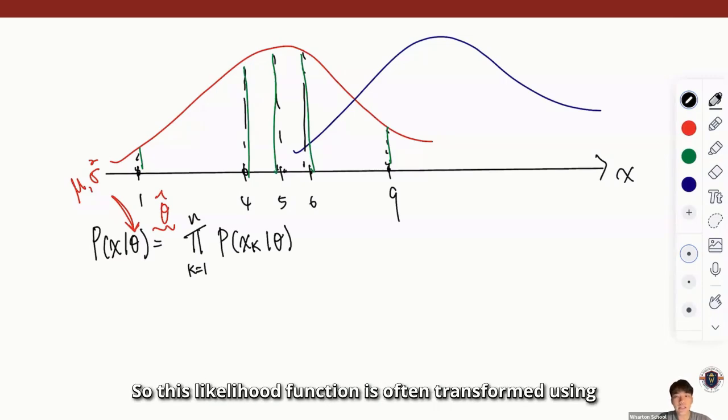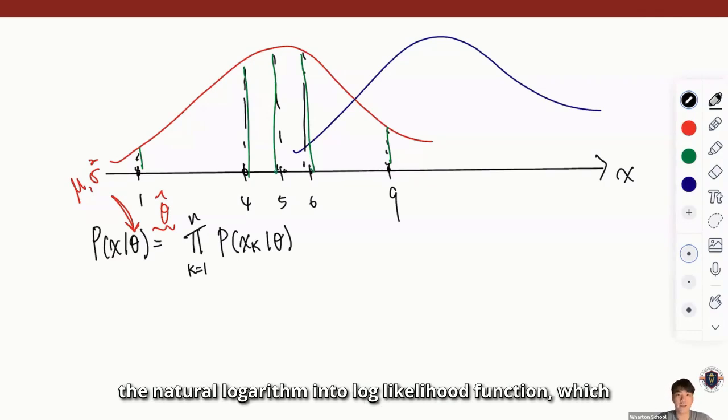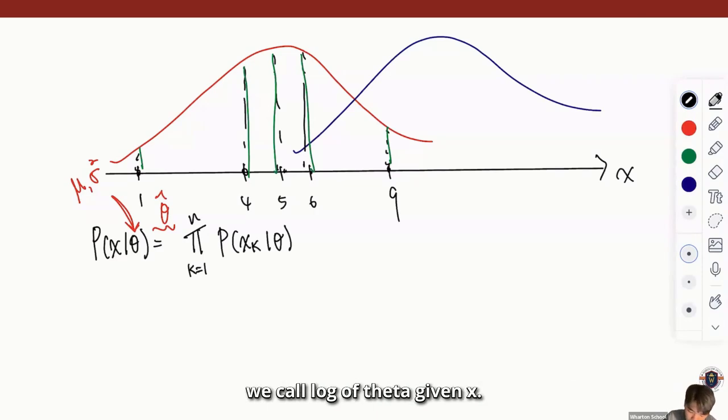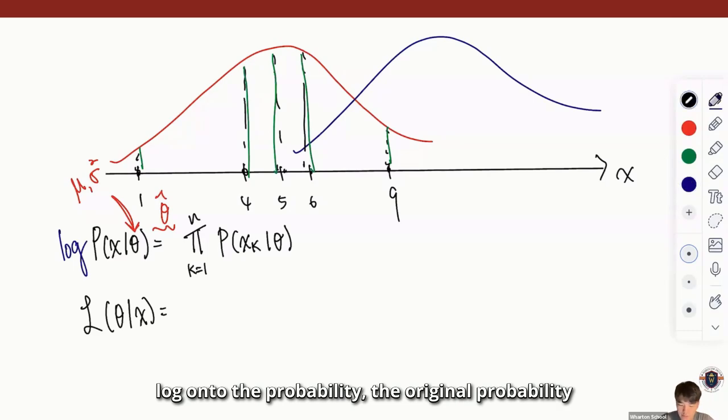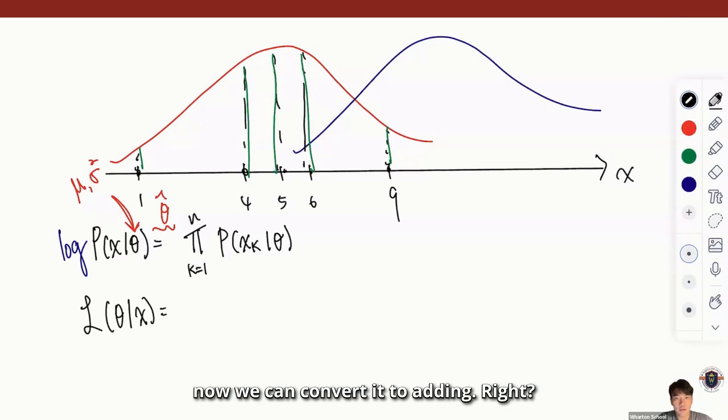This likelihood function is often transformed using the natural logarithm into the log likelihood function, which we call log of theta given x. This is simply putting log onto the original probability function, because instead of multiplying, we can convert it to adding, right?